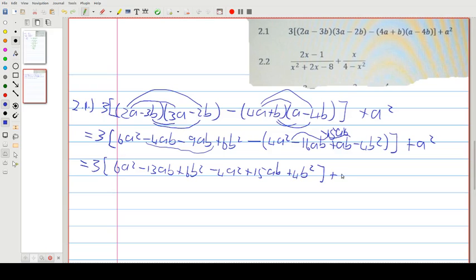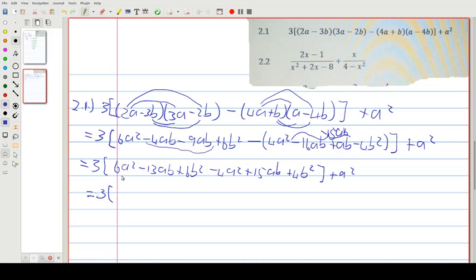Plus a squared. So this is kind of messy but not too complicated. The problem is it's easy to make a small sign error somewhere, and that's usually the biggest problem with this. It's not because we don't know how to multiply out algebraic expressions. We've been doing that for a long time.